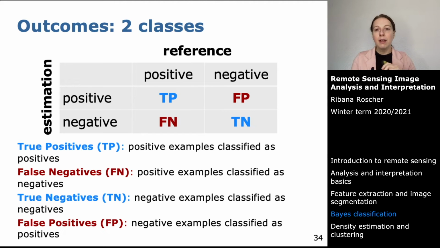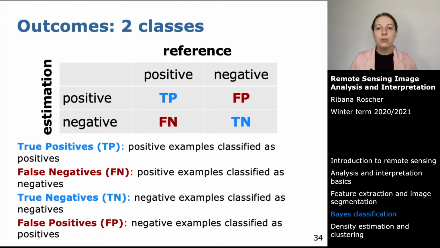And here, what you do is you just count how often specific combinations occur. So, for example, when is the reference positive, and when is the estimation positive, or when is the estimation negative? You count this for all combinations, and then you put it in this matrix.